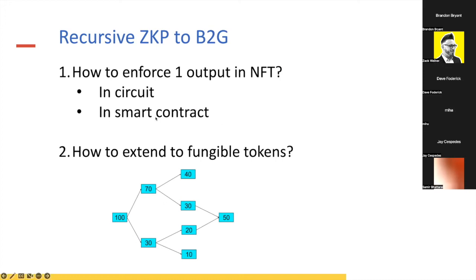I can put this in the smart contract as well. So I pause here. I've not covered this in my example. This is more like implementation details. So any comments here?